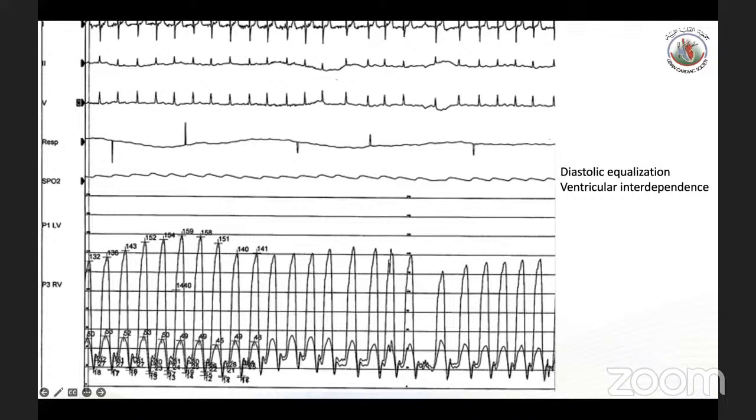And the second point, which was already mentioned by Basem, is the ventricular interdependence, the shift of the interventricular septum during inspiration. This is characteristic for constrictive pericarditis, and it is the hallmark or pathognomonic feature of constrictive pericarditis.